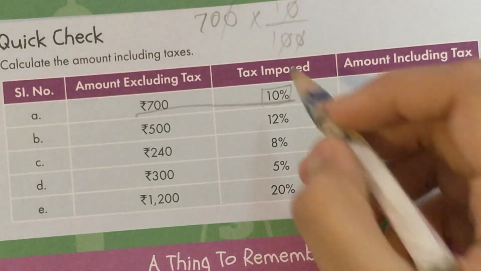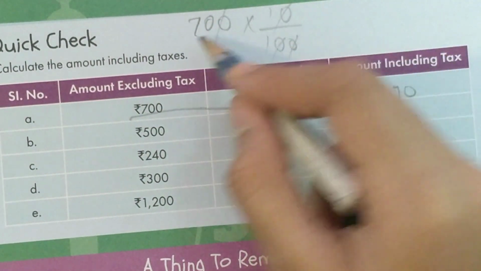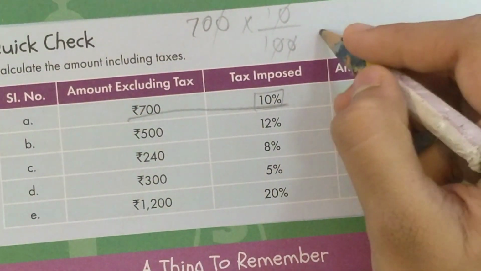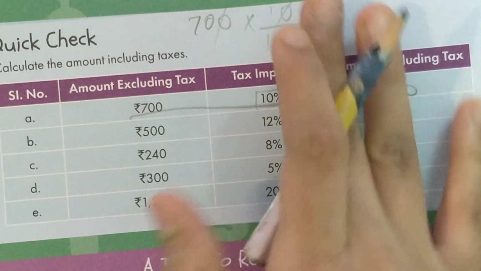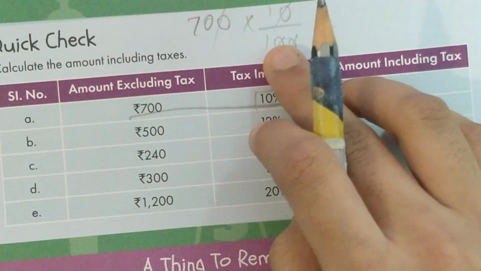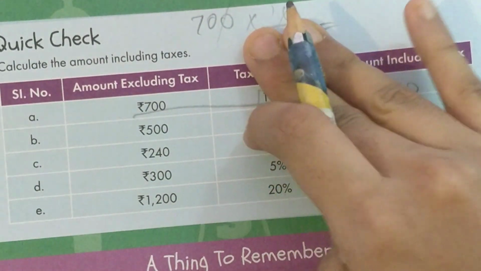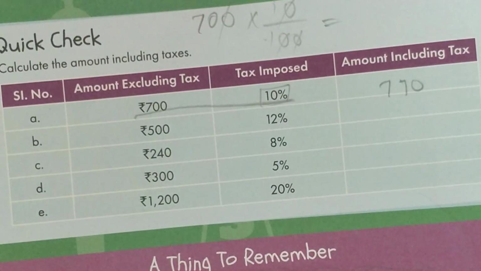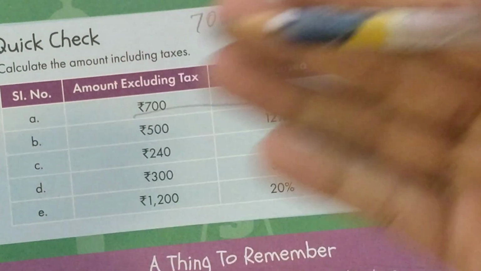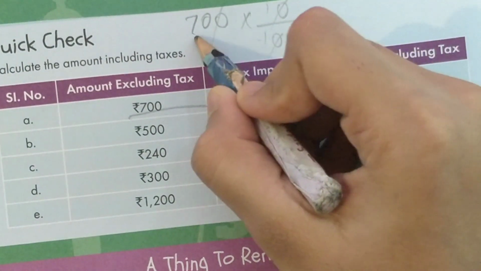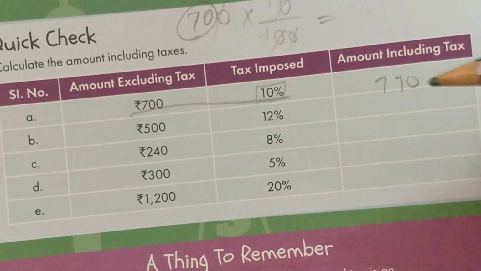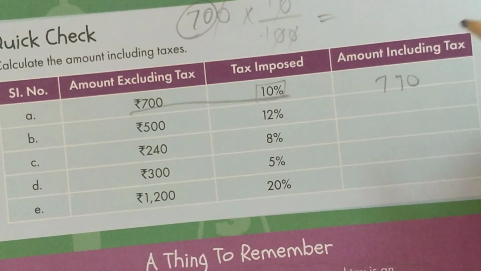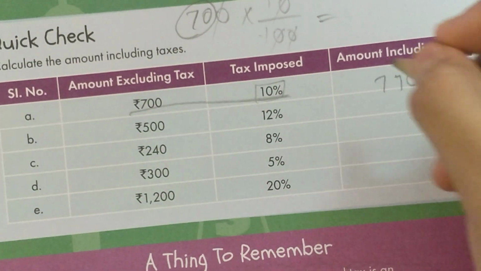Yeah, strike this 0, strike this 0, and then what you'll be doing is calculating. There is nothing here, and nothing here. There is only 1 and 1. 1 into 1, or 1 multiplied by anything, will always give the same number, and the rest is only 70. So 70 is the amount of tax imposed in this particular one.